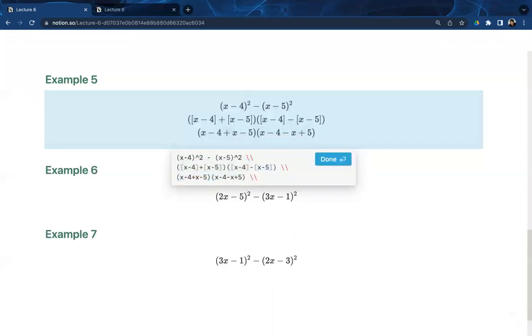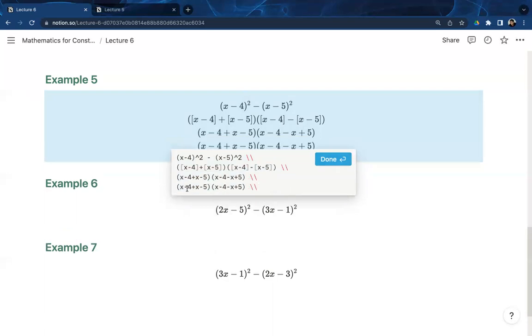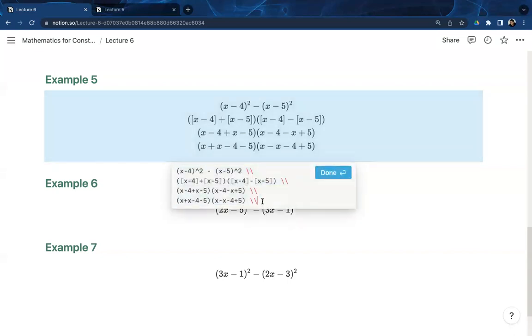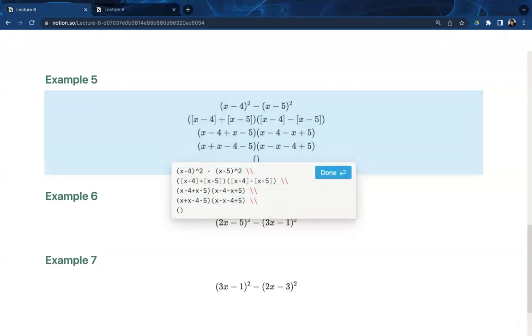I could collect like terms together. So collecting like terms together, x plus x is 2x, and this is minus 9. 2x minus 9 as the first one.